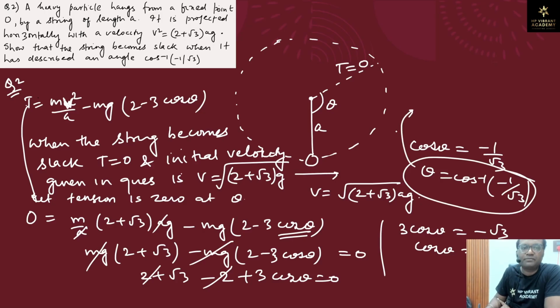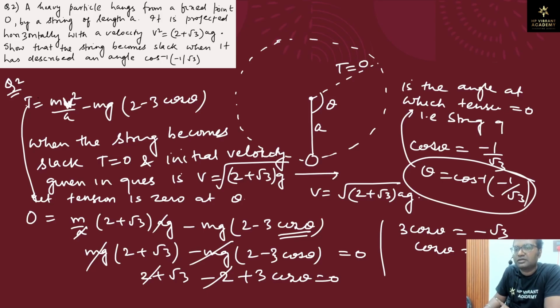This is the required theta, the angle at which tension becomes 0, that is, the string gets slack.